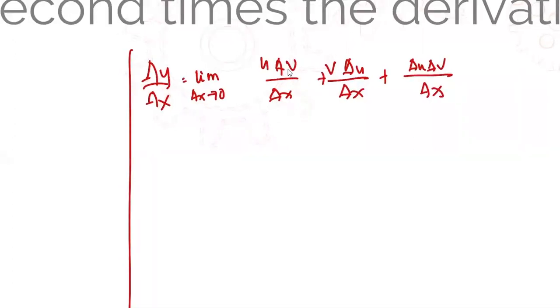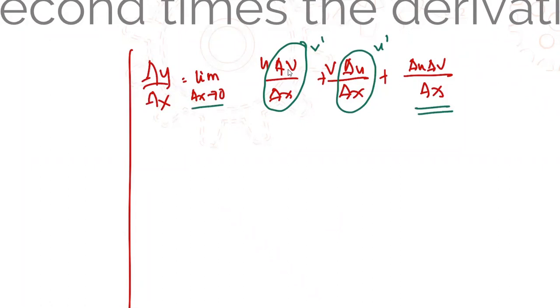So, mapapansin natin dito, yung delta v over delta x, pwede natin i-represent as v prime. Delta u over delta x, pwede natin gawing u prime. Tapos itong remaining last term is, since naka-delta x approaching 0 tayo dito, magiging 0 na yung value nito. No? Okay?